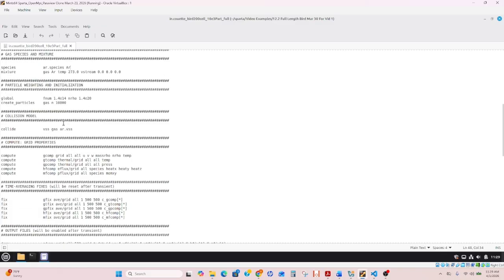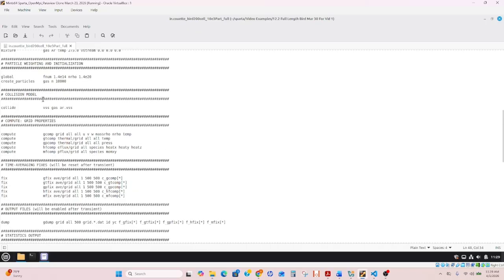All right. So next, you have to tell it what your collision model is going to be. I believe in Sparta, you have to just call VSS. Where your variable hard sphere model is defined is inside of this file, which is AR VSS. So that's where it determines what parameters are used. So you're saying you're going to use collide VSS. It doesn't mean it's a variable hard sphere model, you defined it as a variable hard sphere model inside of this file.